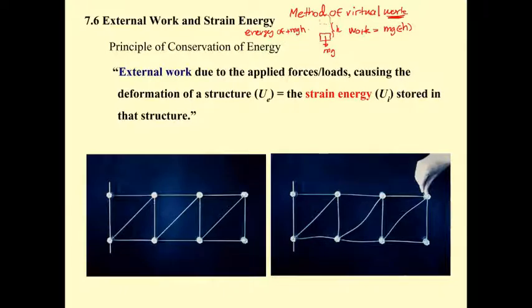That means if you release this body, it is going to drop down to its reference point by releasing the energy of mgh. By doing this, we may conclude that the work is going to be the force times the distance. And also, if you have a moment, the work is going to be the moment times the rotation or the slope.